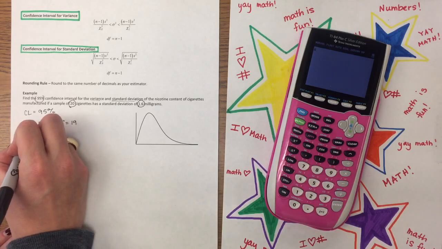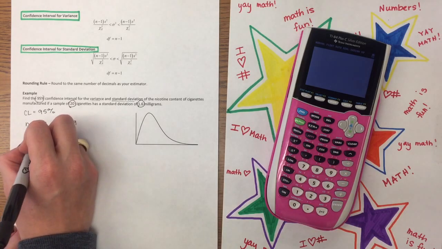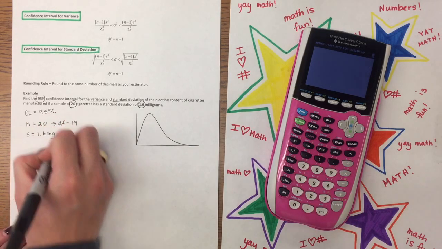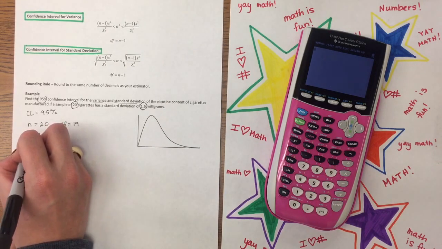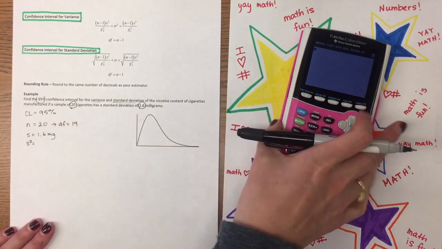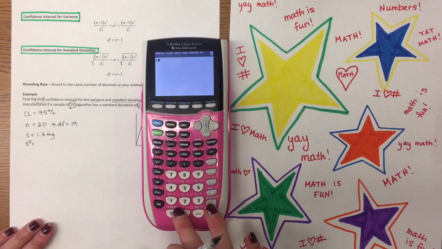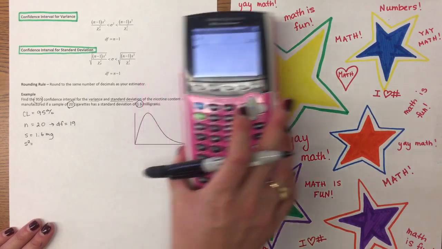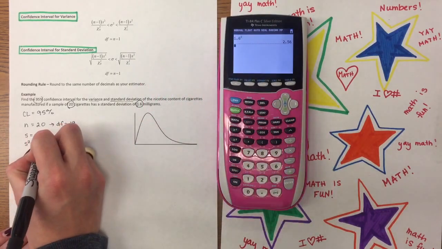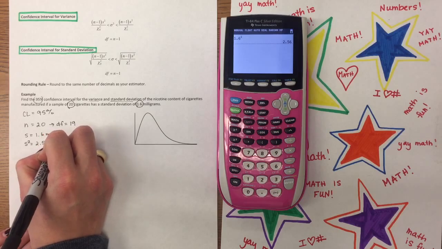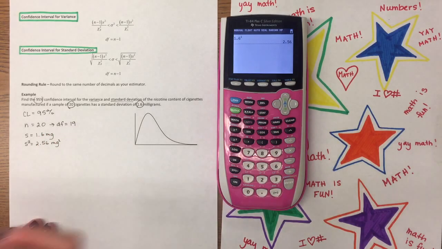The standard deviation of my sample is 1.6 milligrams, so my variance will be 1.6 squared, which is 2.56, and those units will be milligrams squared.